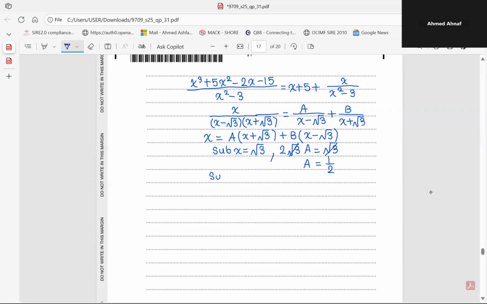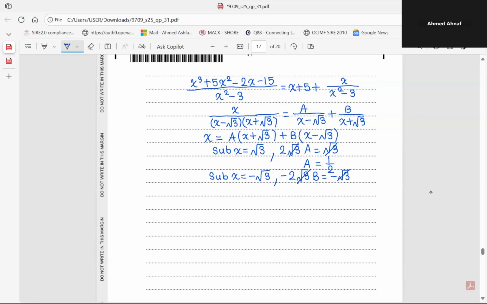Okay, and now we're going to substitute x equals minus square root 3. And we did this to make x plus square root 3 zero. So then we would have a term only in terms of B. So minus square root 3 minus square root 3, that is minus 2 square root 3 B, equals minus square root 3.